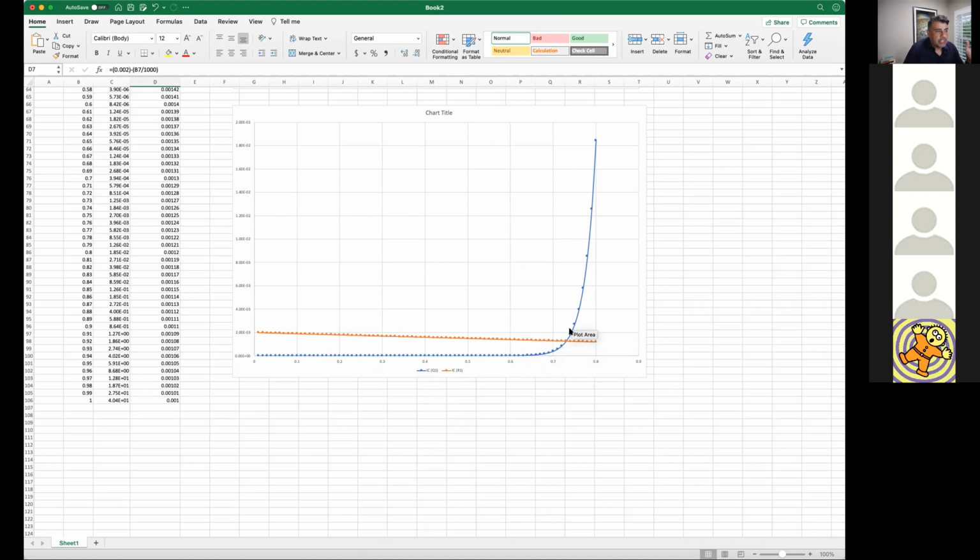Reasonable numbers here are from like 0.65-ish to maybe 0.8-ish. The reason is that this curve is exponential, so Ic is very, very low below 0.6 and very, very high after 0.8.